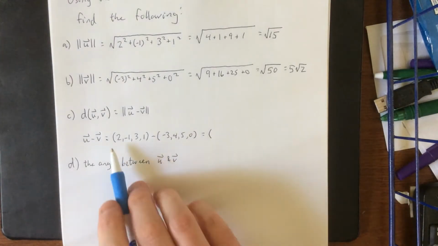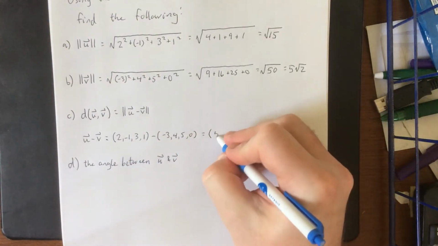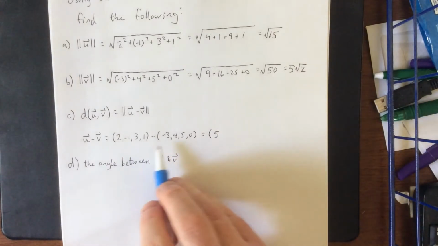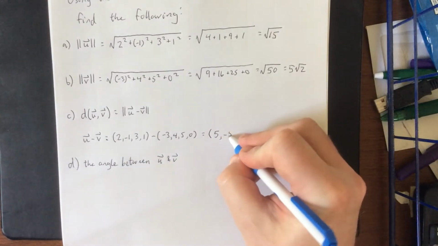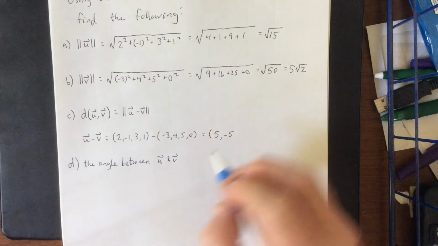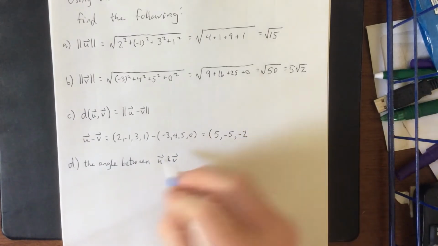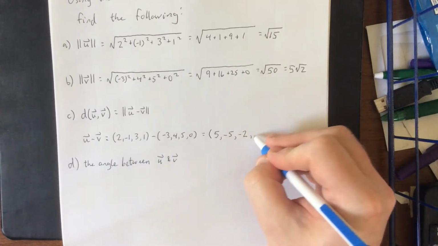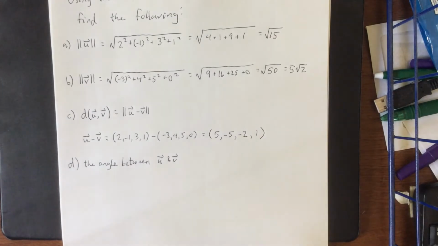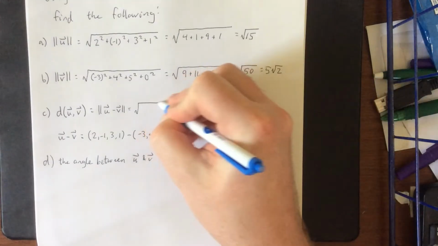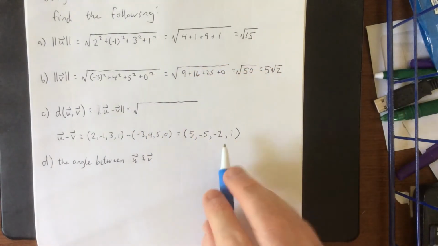And we'll be subtracting -3, 4, 5, 0. For the first entry, 2 minus -3 will be 5. -1 minus 4 will be -5. 3 minus 5 will be -2. And 1 minus 0 will be 1. Then we'll do the same thing for this as what we did in the previous examples. That'll be the square root of the sum of the squares of the entries.